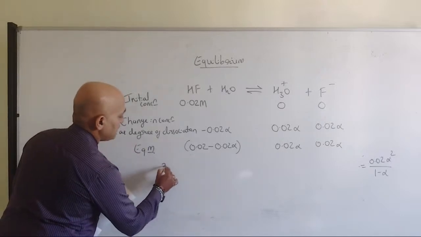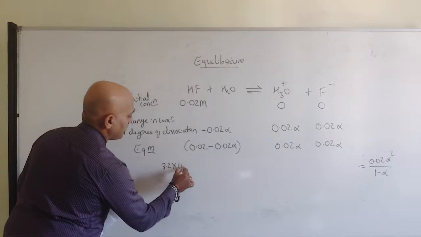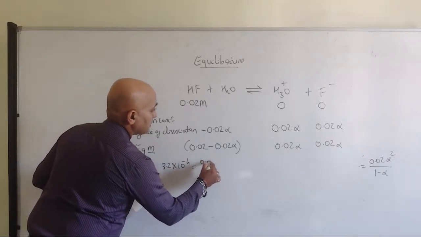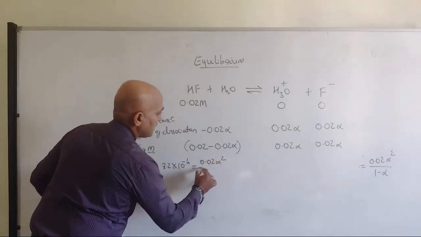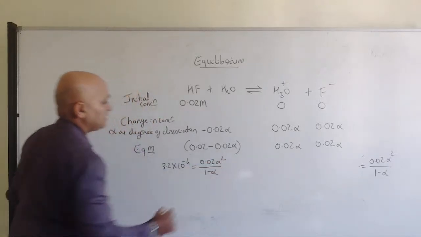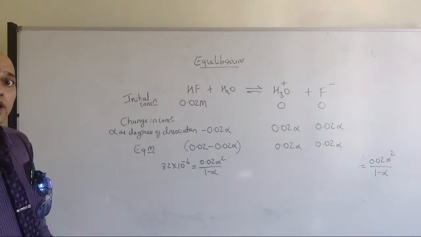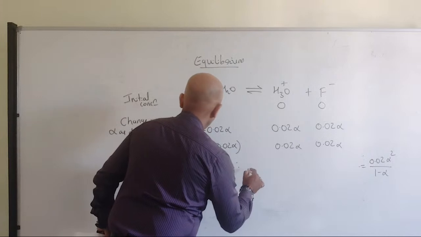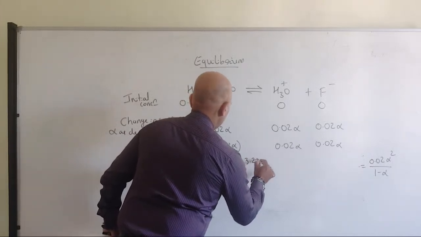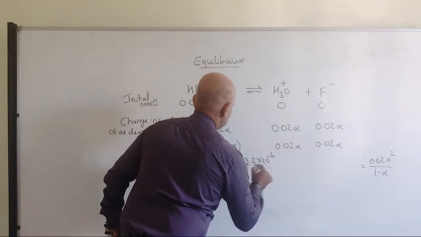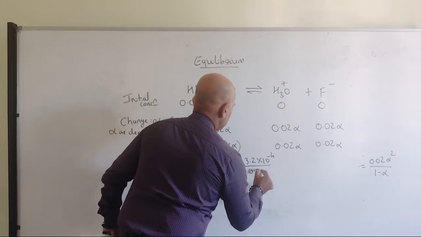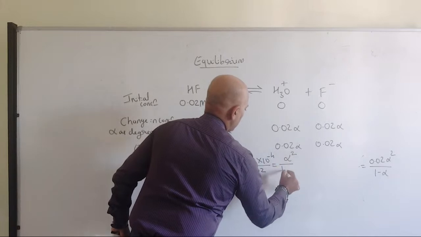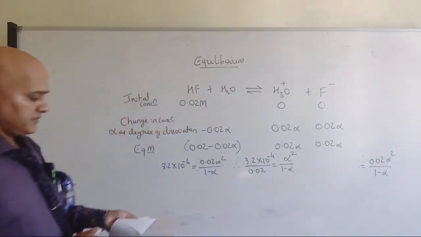Therefore 3.2 into 10 to the power of minus 4 is equal to 0.02 alpha square divided by 1 minus alpha. Or I can say that 3.2 into 10 to the power of minus 4 divided by 0.02 is equal to alpha square divided by 1 minus alpha.